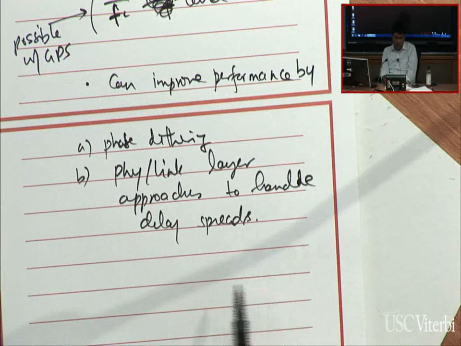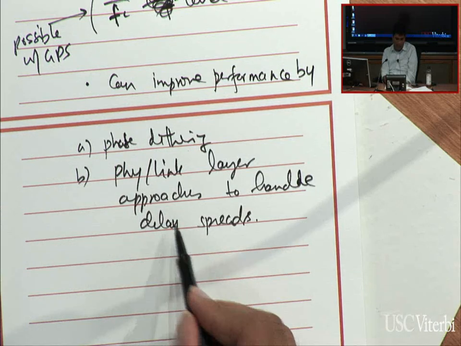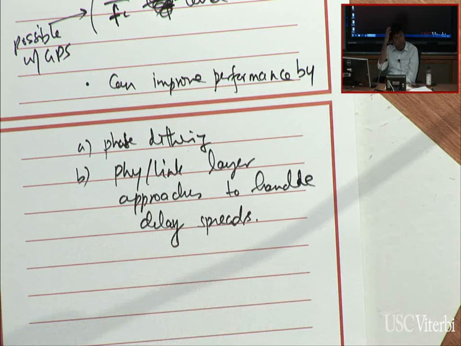The point being that you already are suffering a certain amount of delay spread in your wireless channel anyway. And so now on top of that, there's some delay spread introduced by the fact that your sources are at different locations. And so if you have a system that's robust to those types of fluctuations, your overall reception will also be kind of robust.